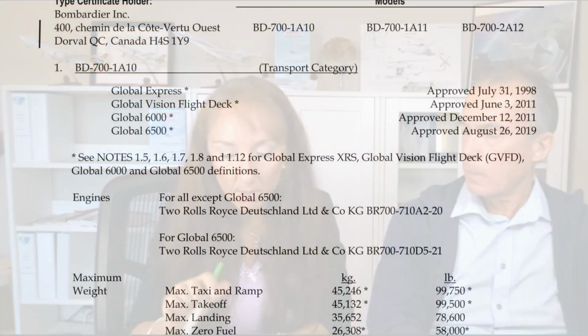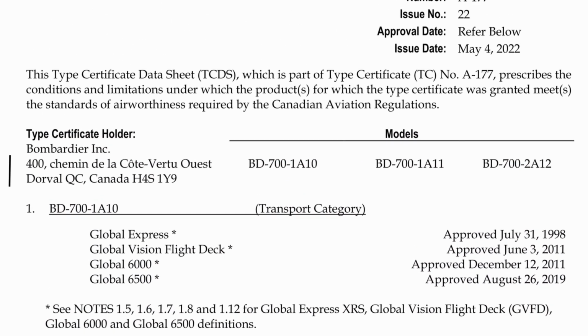Yeah. Right. Okay. Perfect. Okay, so for this type certificate datasheet in particular, this A177 Transport Canada TCDS covers 3 different types, and we determined, thanks to that note in the TCDS, that the 7500 is this model BD-700-2A12.